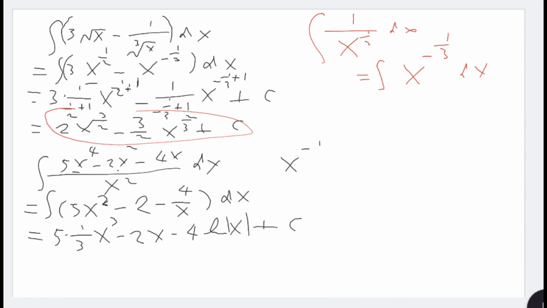Usually, we don't use absolute value signs with the understanding that the x can only be positive. Okay, so this example just shows, sometimes you have to rewrite, you have to prepare your integrand so appropriate formulas can be applied.